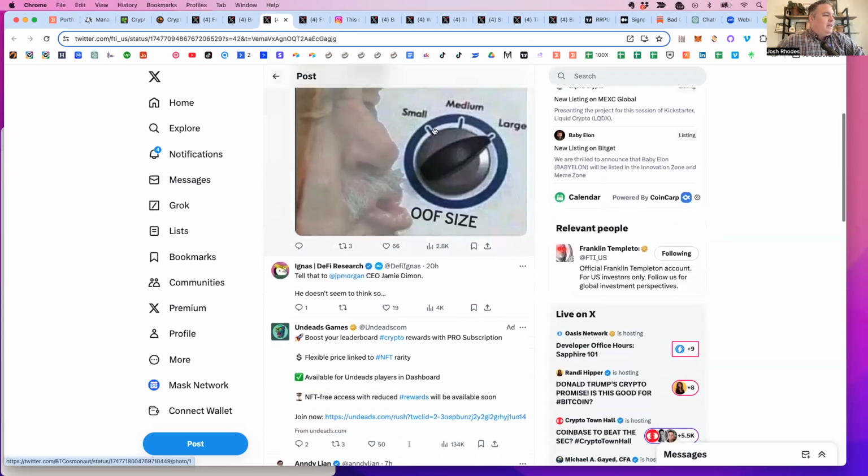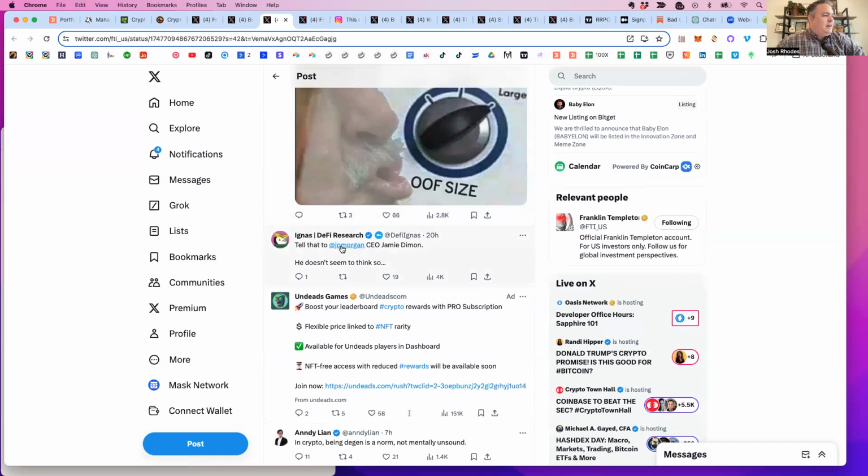And this comment down here is talking about JP Morgan. I don't have the clip, but Jamie Dimon was in Davos talking about crypto and smart contracts. It's so funny how people have different opinions. Love him or hate him, Jamie's been a big Bitcoin enemy for years. Yesterday he just called it trash.